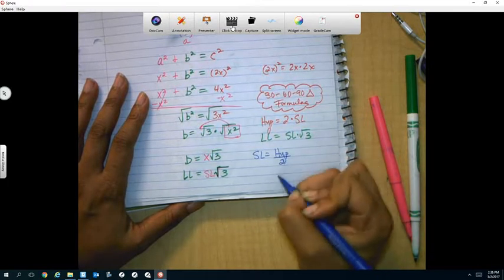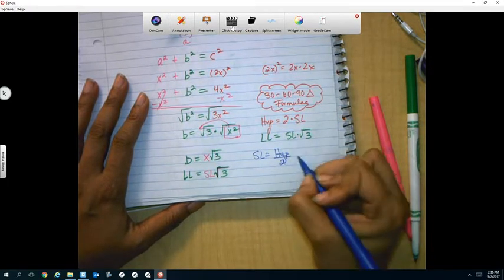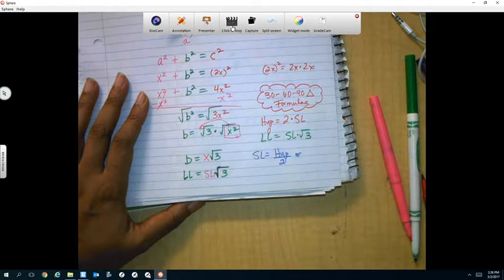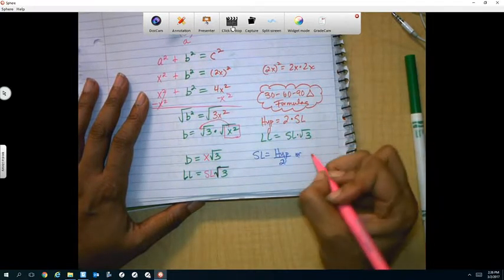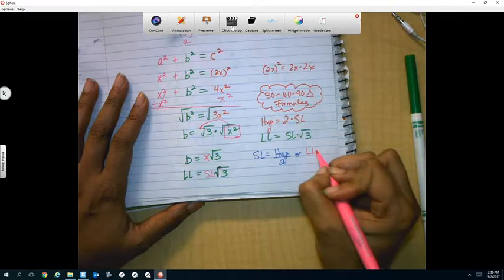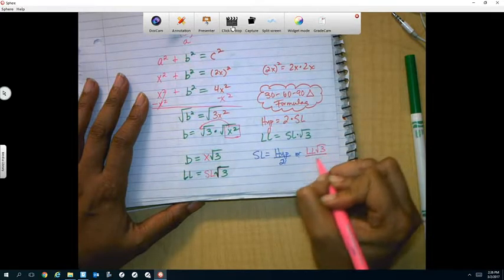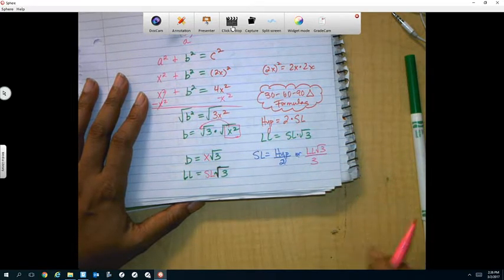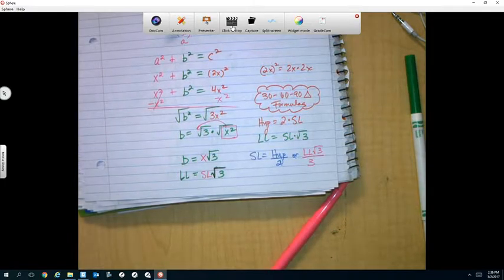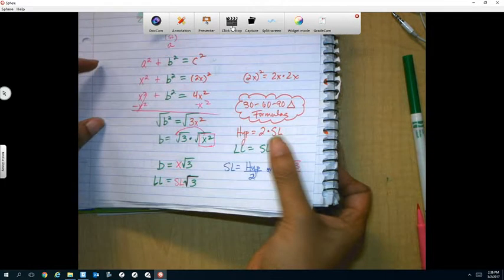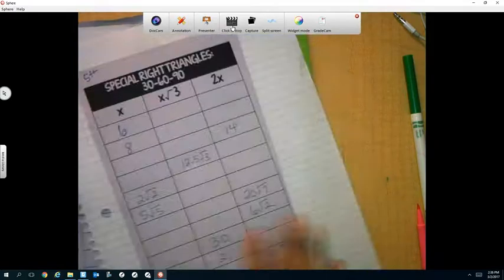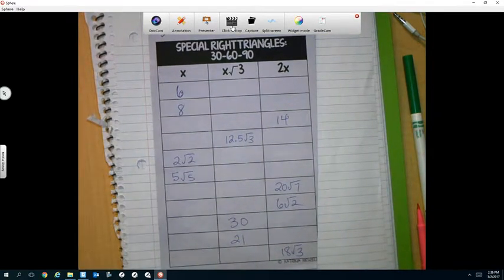So if I have the hypotenuse, I take half of it, that gives me the short leg. Or you would have to take your long leg times the square root of 3 divided by 3. So these are the formulas we're going to now apply in our table, which goes on the next page. So let's get our table filled in, and we're going to do that next on the next video. Some table and some examples.